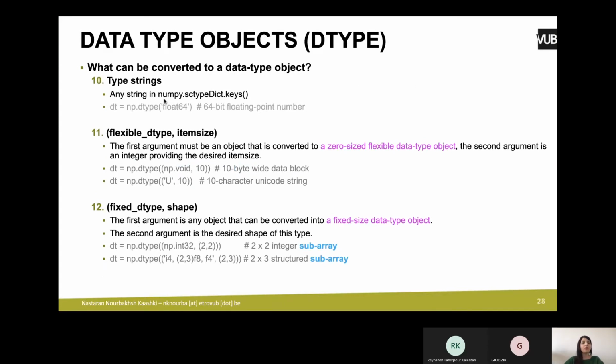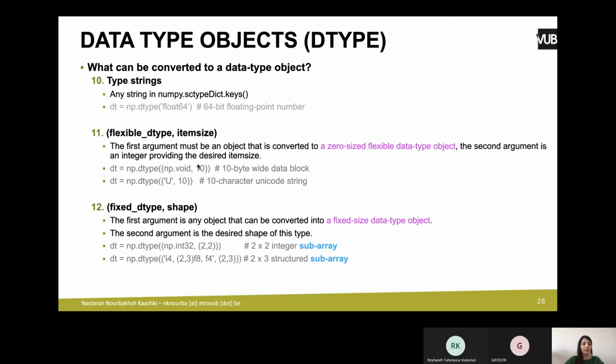We can also convert the keys of this type, all of them, to a dtype, float64 and the rest. These two I will explain in more detail in the next lesson, but to give you some examples, the syntax is like this: flexible item size, fixed type shape.